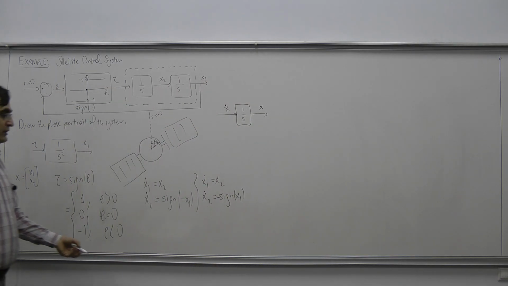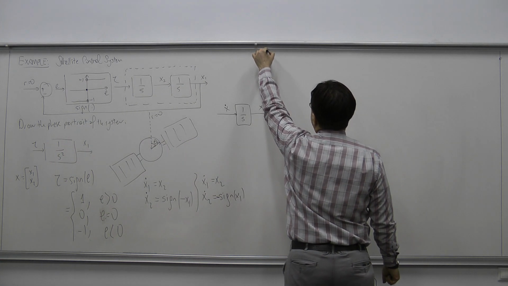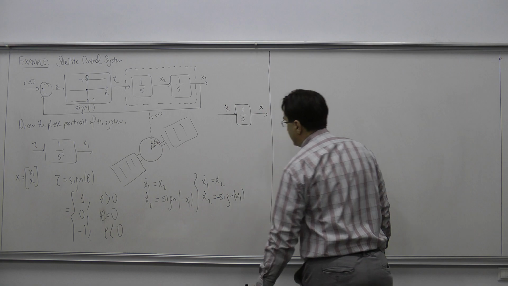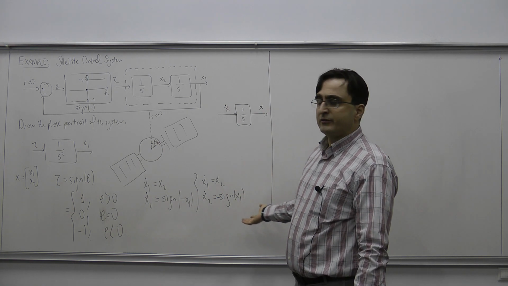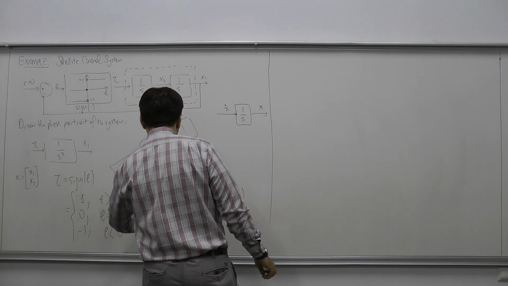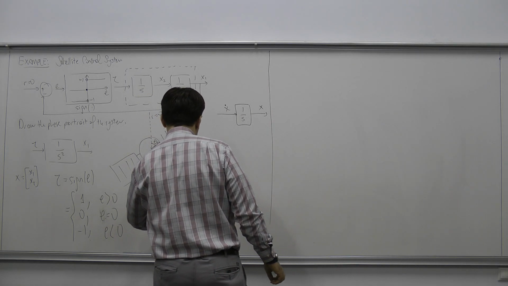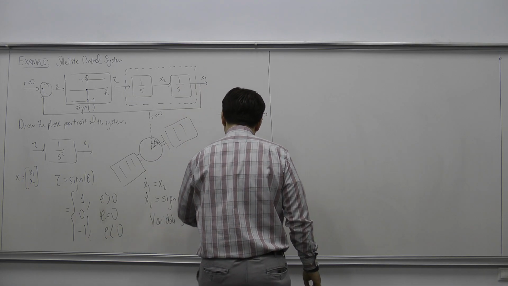Now I'm ready to obtain the phase plane trajectories of the system. These types of systems in control systems are called variable structure systems. What does it mean?